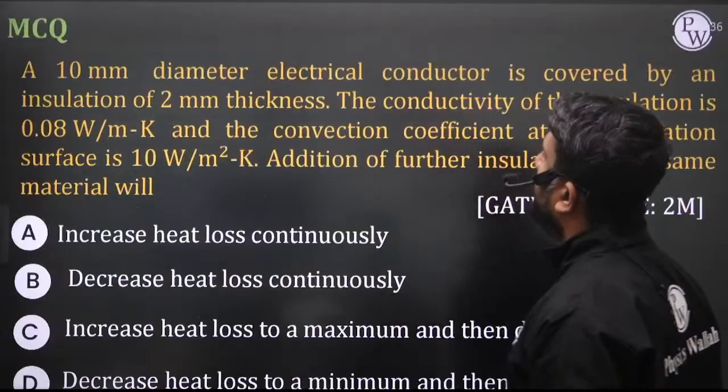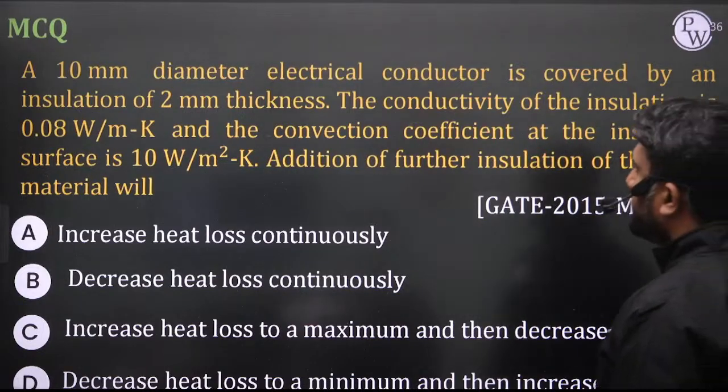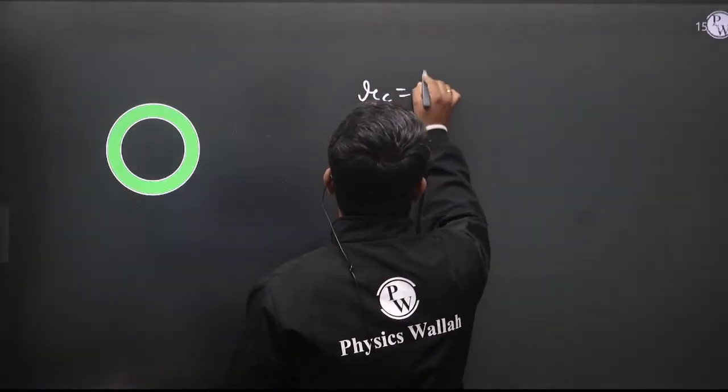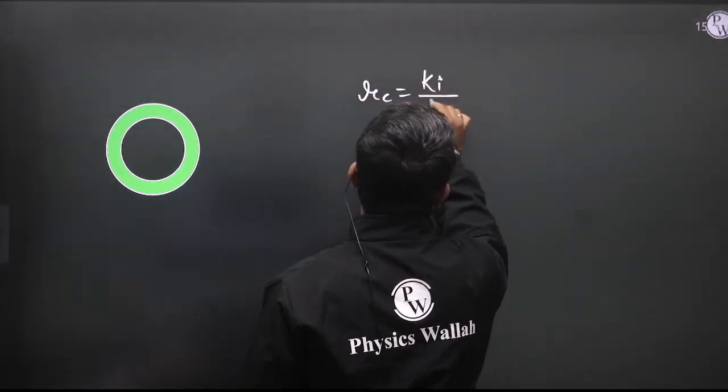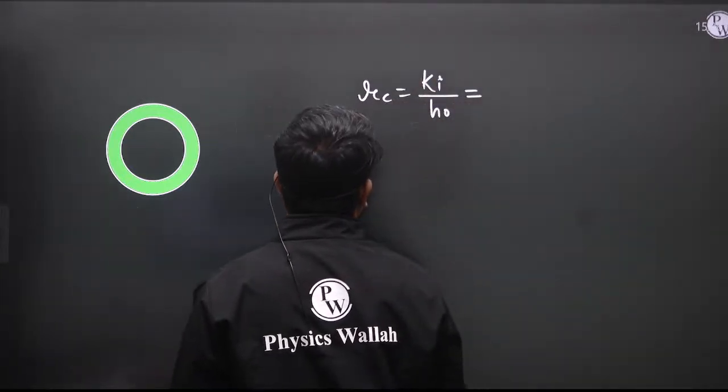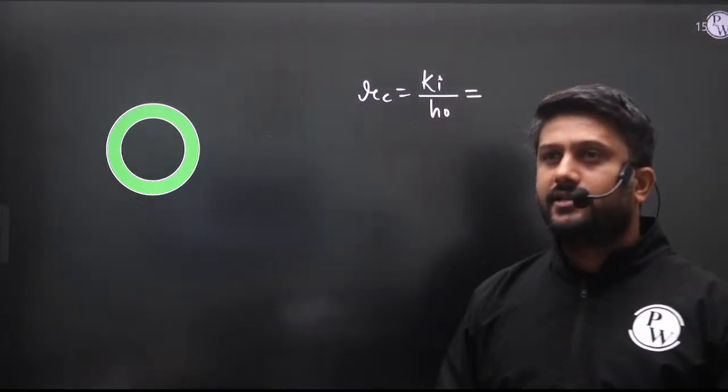And in this question, what is the critical radius? The critical radius is Ki by H naught. Critical radius is 8 mm.